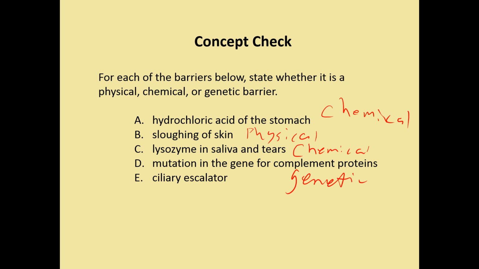Ciliary escalator: physical. Thinking about the actual physical movement of substances through your digestive tract, the process of defecation or urination, both of these are also examples of physical barriers.